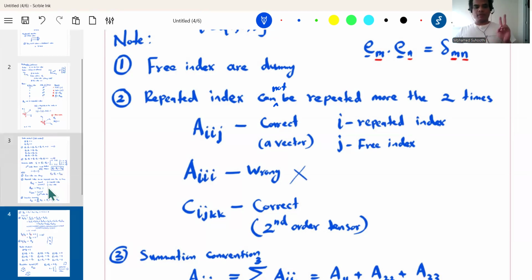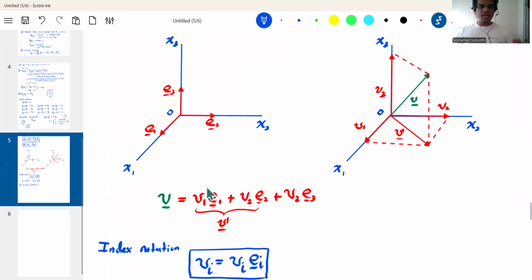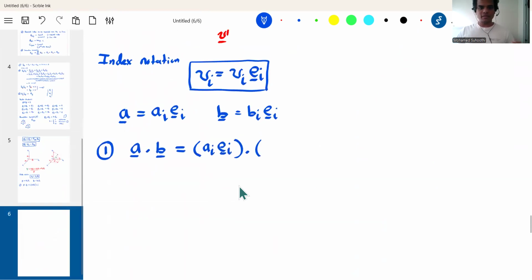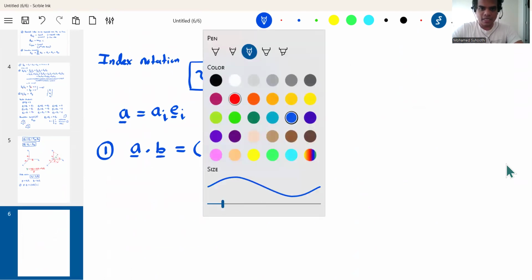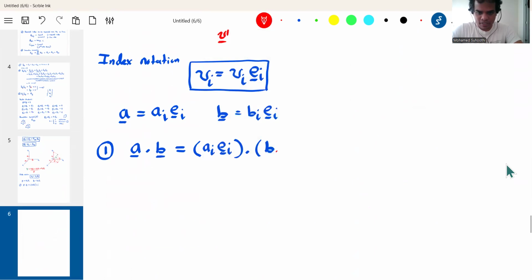Okay. So that means here, if you write it as bi ei, i is repeated 4 times, right? It is wrong. So therefore, we have to write this one. We have to change this index to a different notation, right? bj and ej.